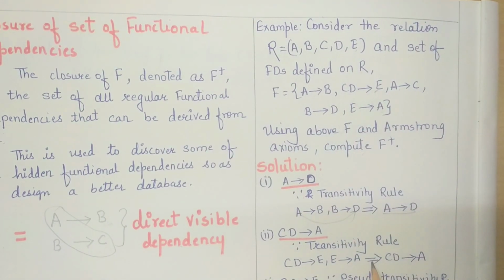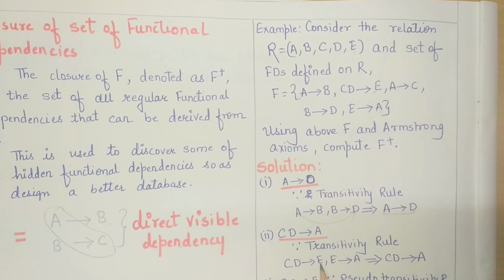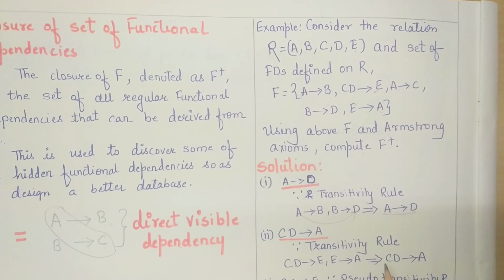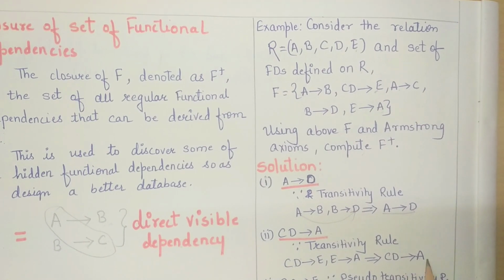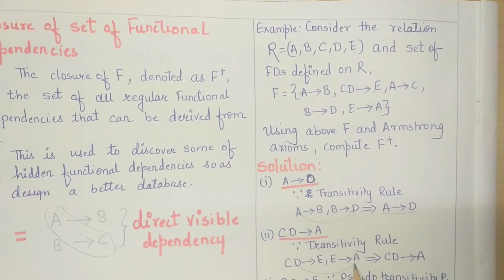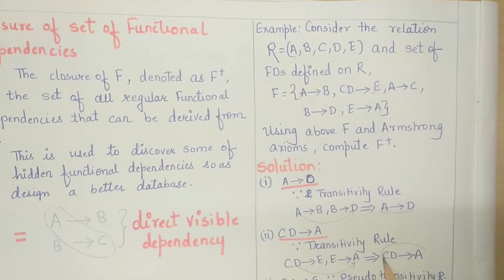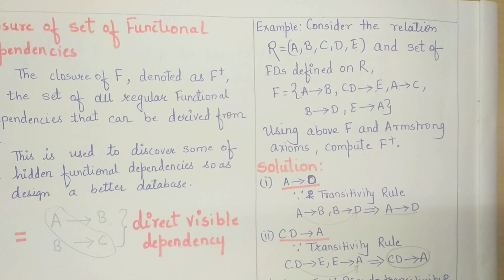If CD determines E and E determines A, then CD determines A. Again, with the help of the transitivity rule, we have found CD determines A.